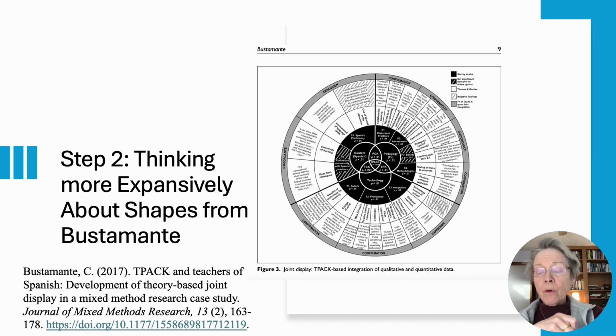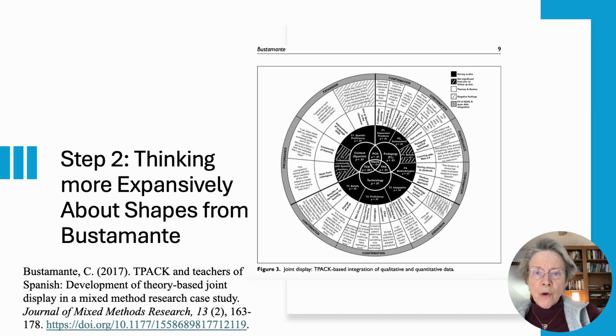If we stay going in chronological order, although this is really a fairly advanced joint display, the second display that I would point out to you in the evolution of thinking about joint displays is really quite a dramatic advance in that it is using what is called a radial multi-layered format, and this is by Carol Bustamante.